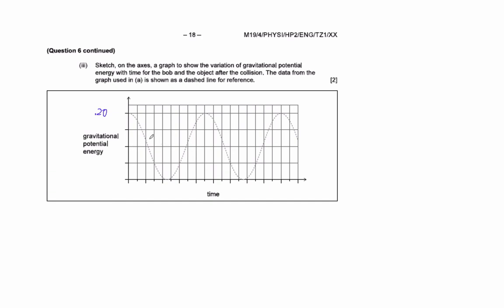So we're going to be peaking out at about 0.12. When there's no kinetic energy, we're going to have a maximum potential energy. When there's maximum kinetic energy, there will be no potential energy. When there's no potential energy, there will be a maximum. And for me this was 0.12.